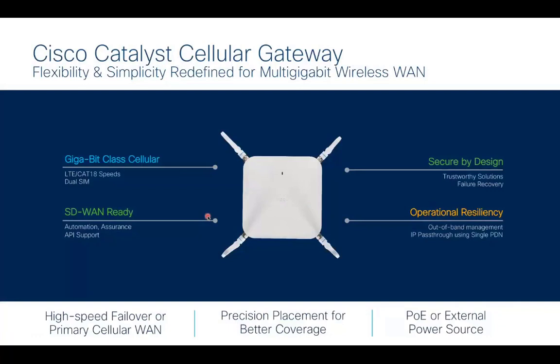With that said, let's have a quick look at Cisco's cellular gateway offerings at a high level. This is not module based, but an external hardware, looking exactly like an access point with antennas. Here the use case is extending the cellular WAN connections.